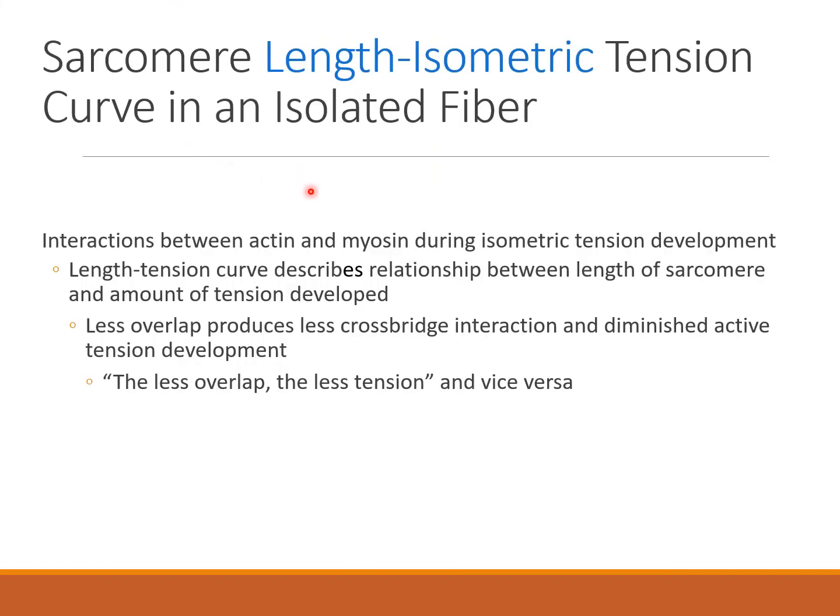So here's the sarcomere length isometric tension curve in an isolated fiber. We're just going to look at one single muscle fiber here, and we're going to look at the sarcomere length in relation to isometric tension. Well, if there is less overlap in the muscle, like let's say your muscle is quite elongated, you're going to have less tension, right?